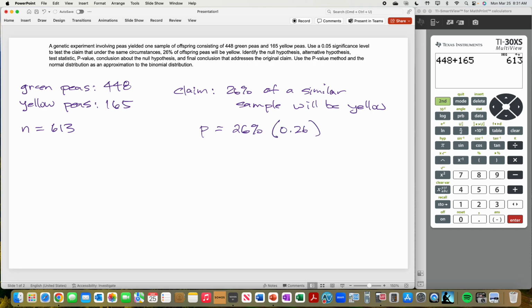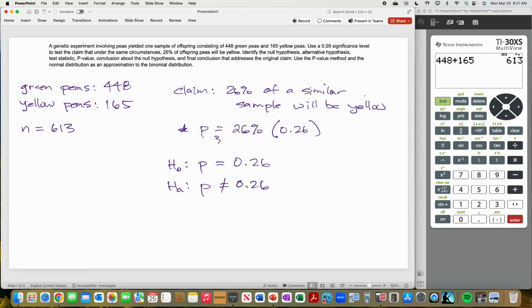So now we know that this is our claim, and notice that it has an equal sign in it. So that becomes our null hypothesis. Our null hypothesis is that the proportion is equal to 0.26, and the alternative hypothesis is that the proportion is not equal to 0.26.